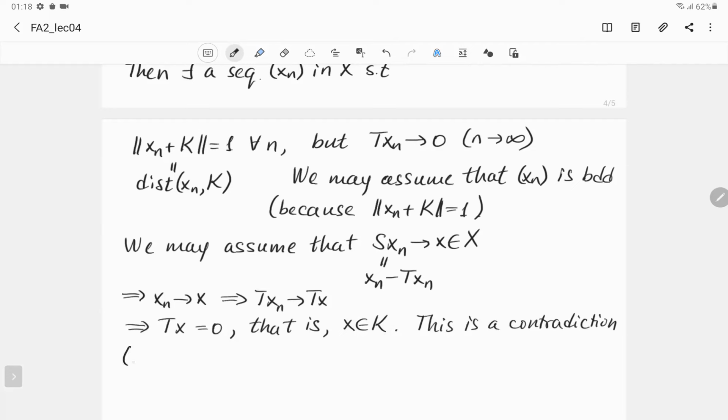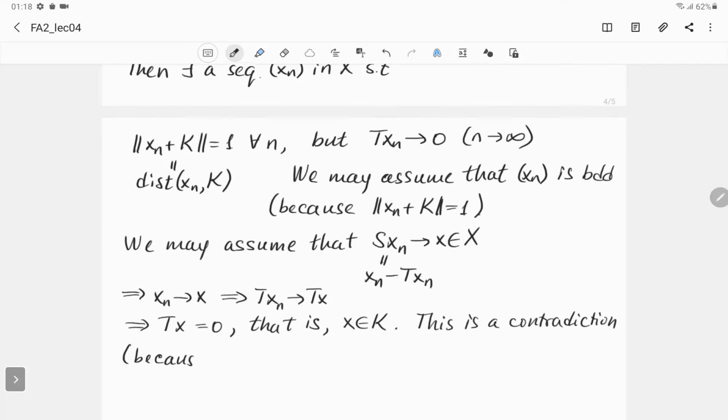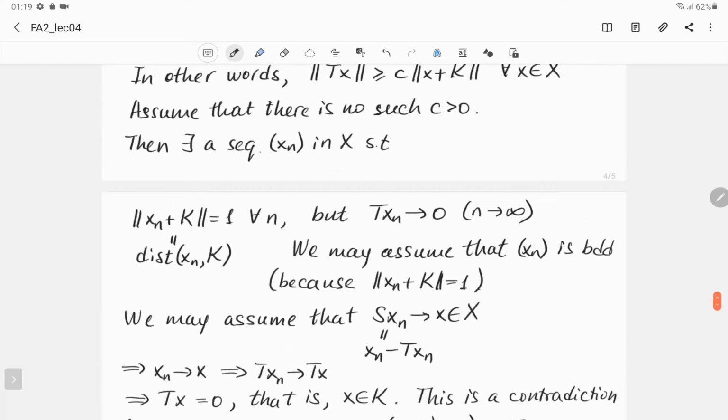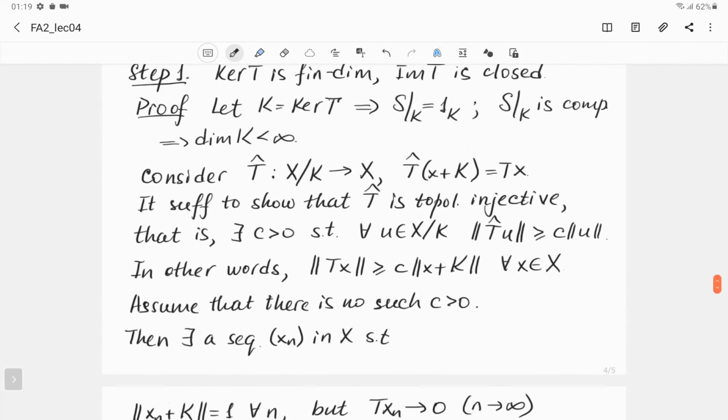This is a contradiction because xn goes to x, and the distance between xn and K is 1. Okay, so this is the end of the proof of step 1. So we have shown that the kernel of T is finite dimensional and the image of T is closed.